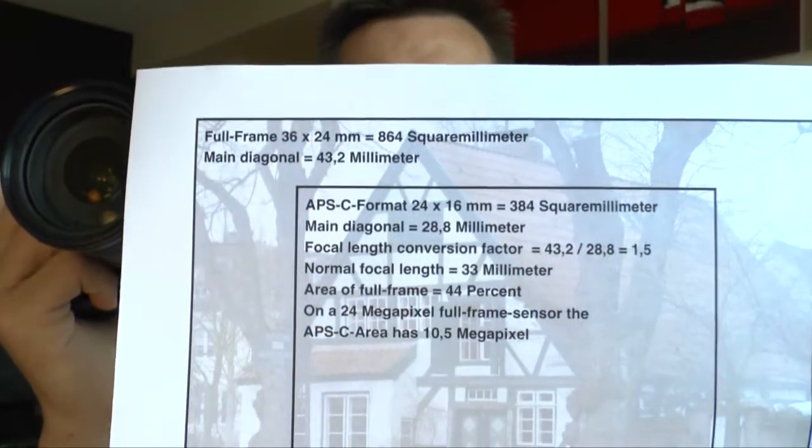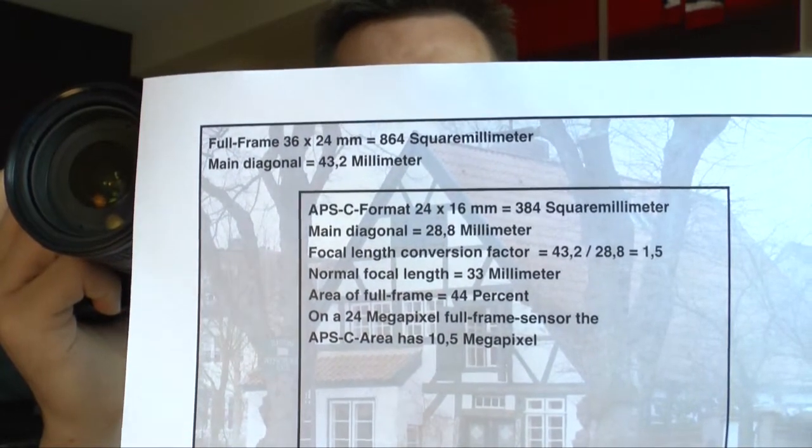The focal length conversion factor is 1.5, and exactly the same you have for the aperture. So if you are working with a full frame camera and you want a small depth of field, and you work with an aperture of like 3.0, you get exactly the same image with the same small depth of field on an APS-C camera if you use an aperture of 2.0.